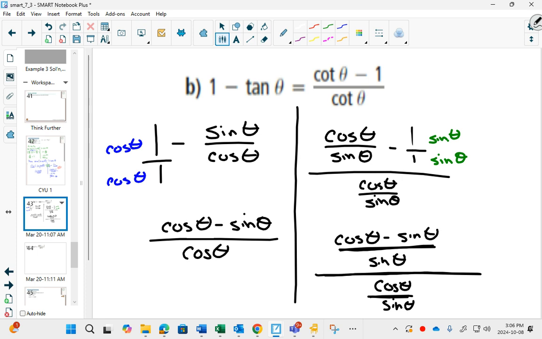Because sometimes it could be confusing. What is that? Is that 3 divided by 4/5? Or is that 3/4 divided by 5? Does it make a difference?